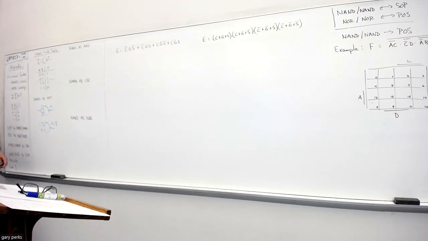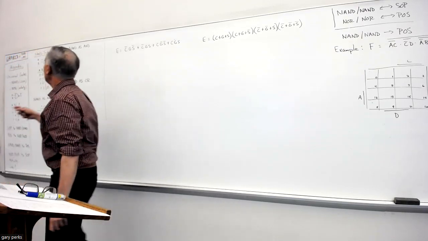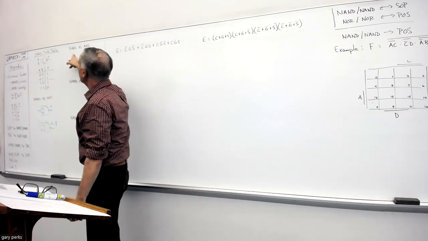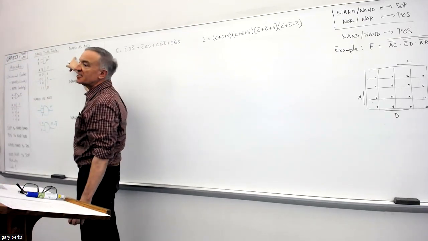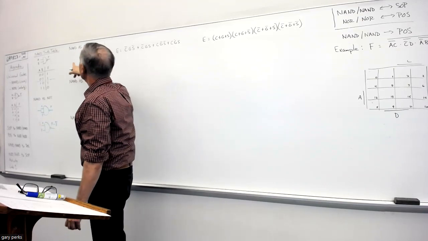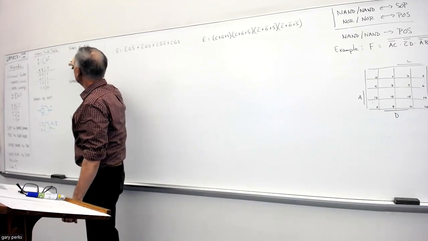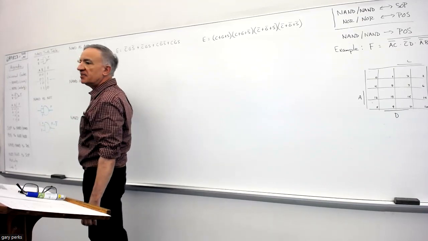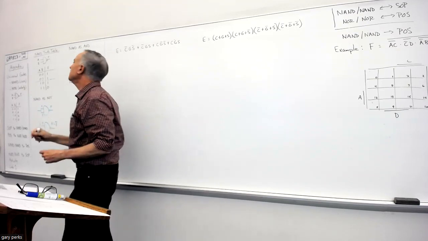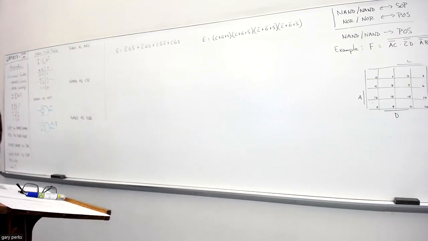Okay, let's move on. Now we're going to look at how you can use NANDs, because you're going to see it's going to take more than one to do this. But we'll see how you can use NANDs to make an AND. So first thing, and we talked about this last week, what is NAND short for? Not AND, right?